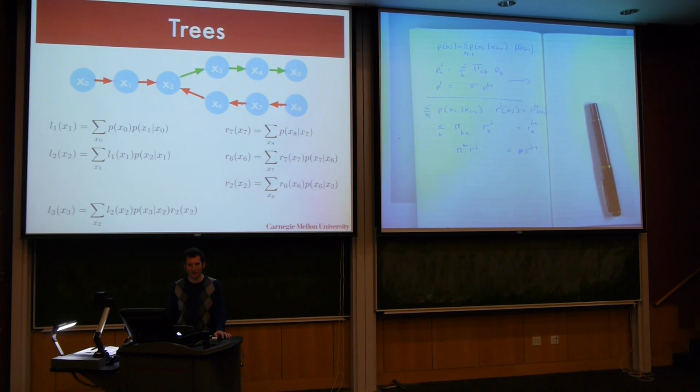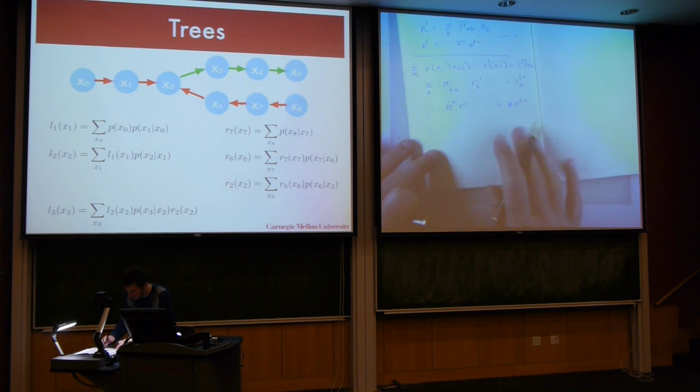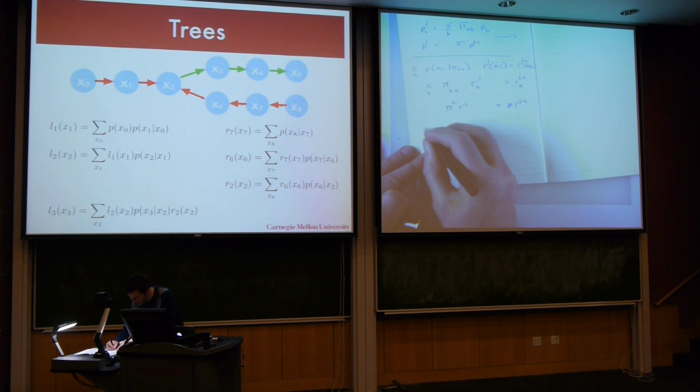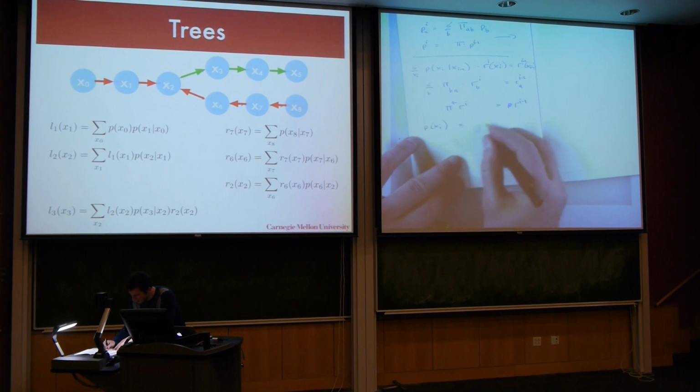In other words, if I want to get something like P of xi, then this is of course nothing else than summing over all the xj's with j not equal to i of P of x.